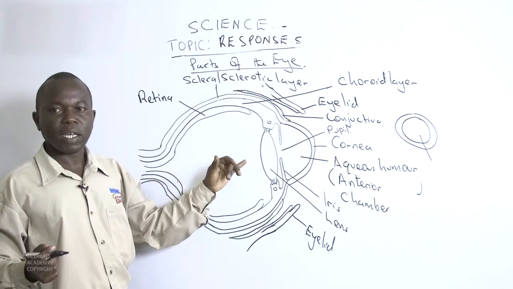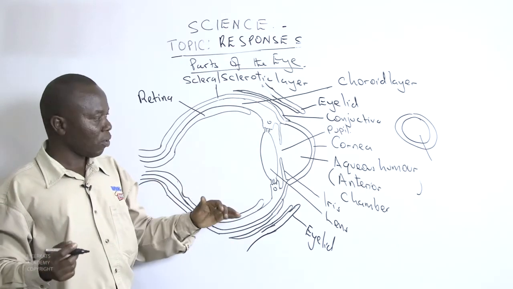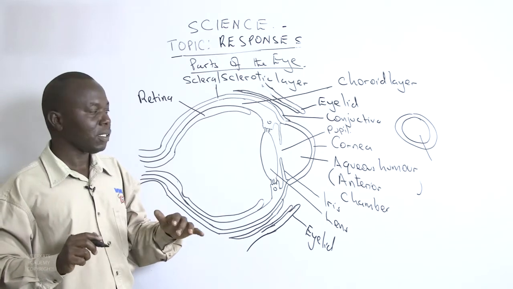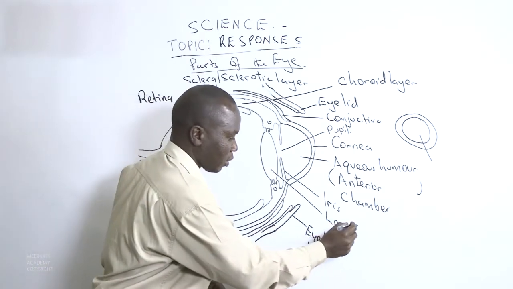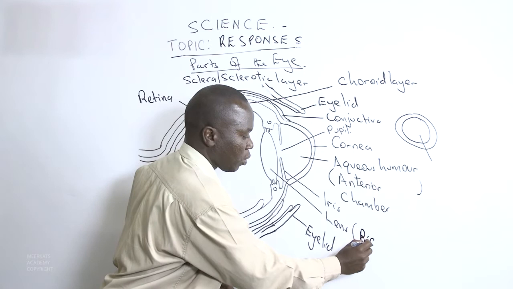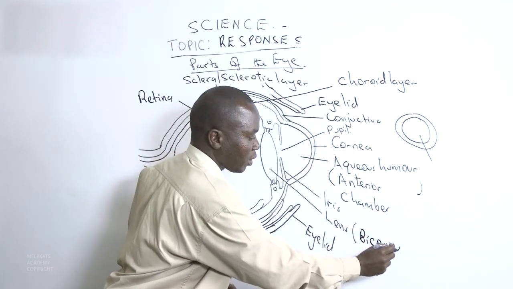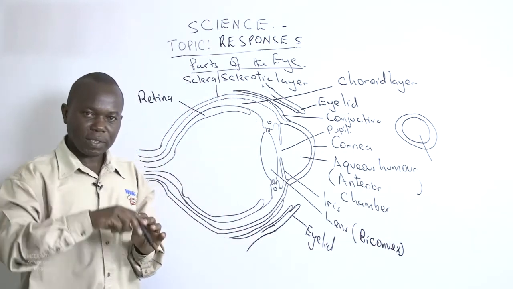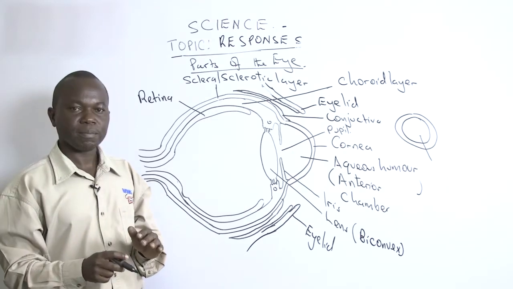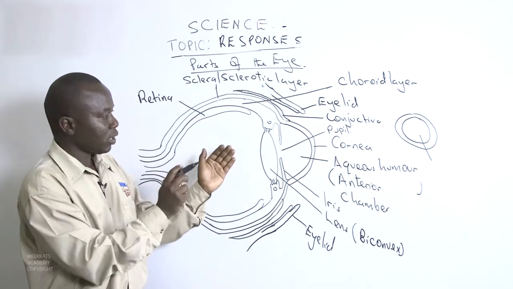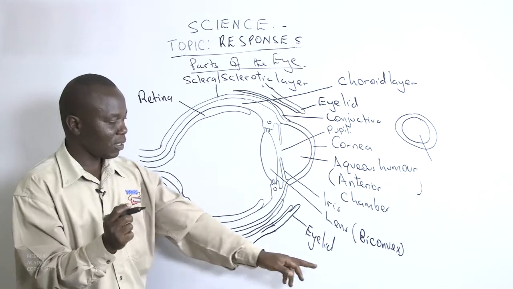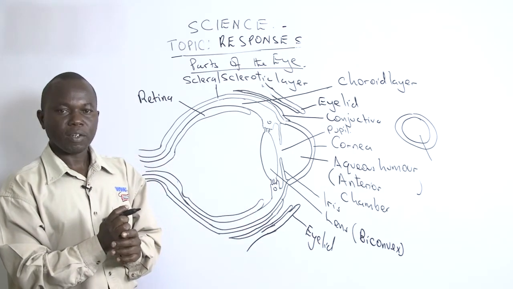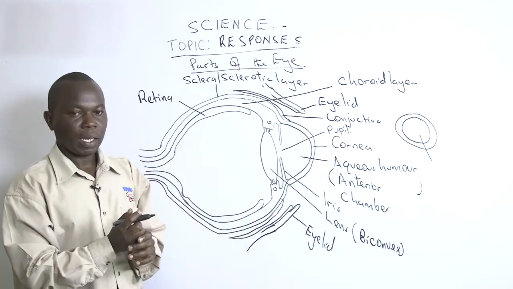But because they are two sides, we say it is biconvex. Bi means two. If a lens is curved, it is convex. But if two sides of the lens are curved, it becomes biconvex. So it's a biconvex lens.